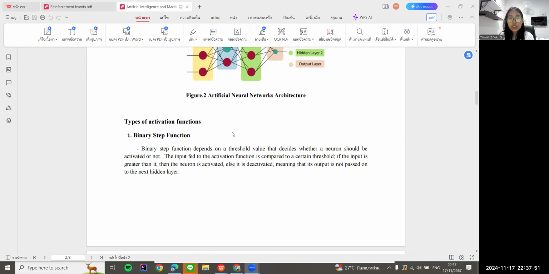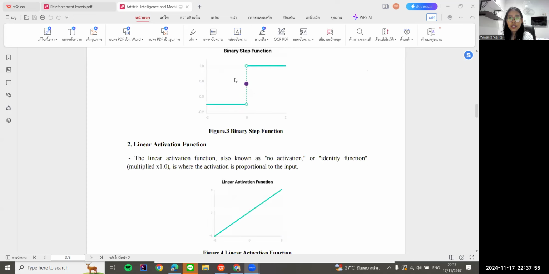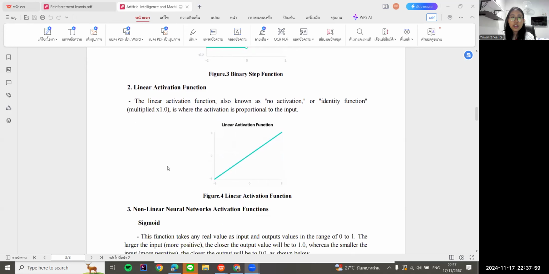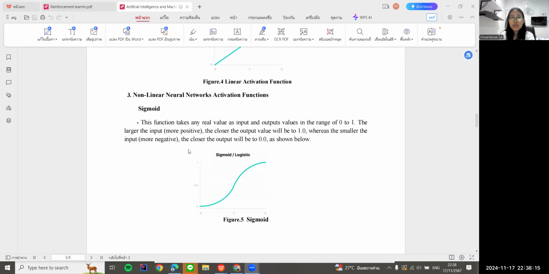If the input is greater than the threshold, the neuron is activated. This is the figure of the binary step function. The linear activation function, also known as no activation or the identity function, is where the activation is proportional to the input. Next, the nonlinear activation functions.